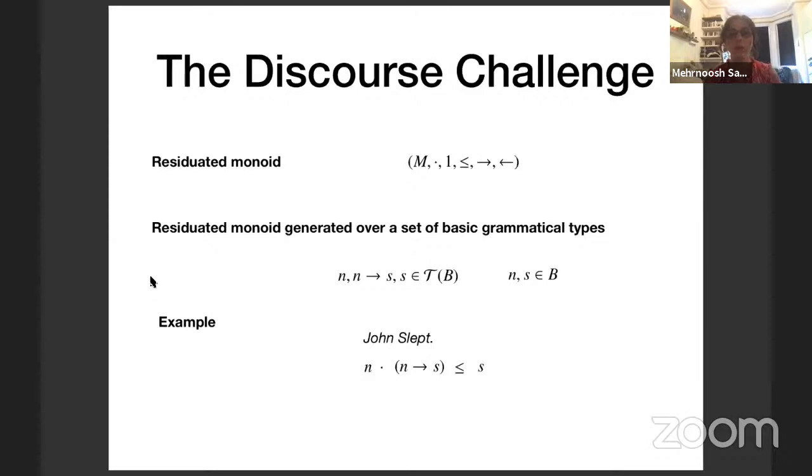So if somebody gives you the sentence John slept and asks if it is grammatical, you look into a dictionary, take the type of John, which is a noun phrase N, take the type of slept, which is an intransitive verb, N forward slash S, N to S. And then you check whether the multiplication of these types, N multiplied by N forward slash S, reduces to, is less than or equal to, the type sentence S. If that's the case, then you say John slept is a grammatical sentence.